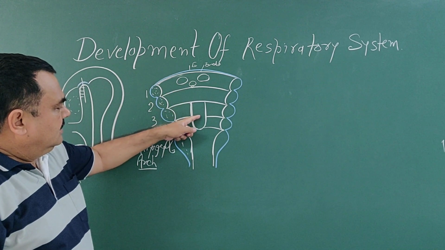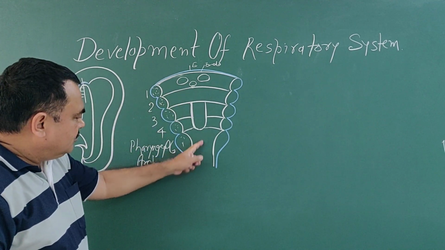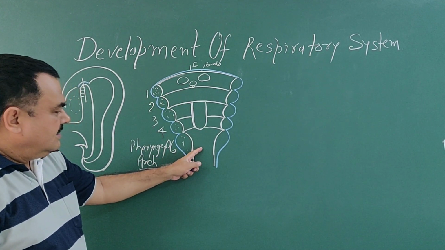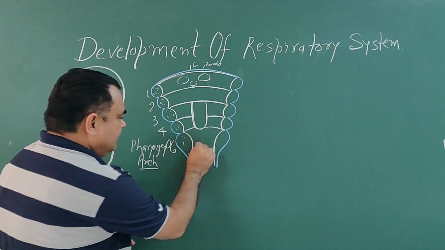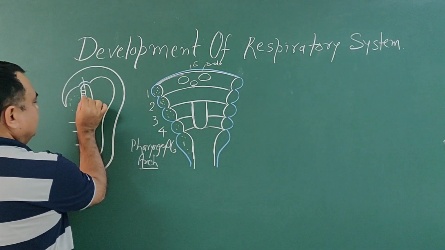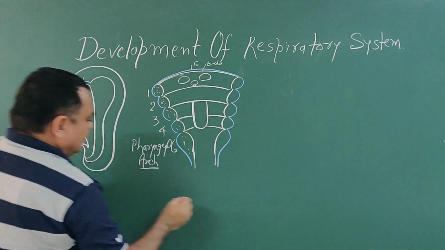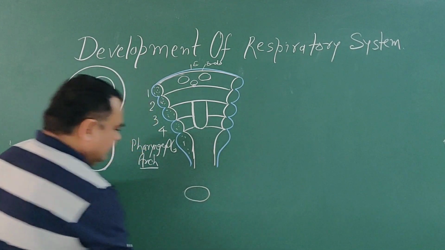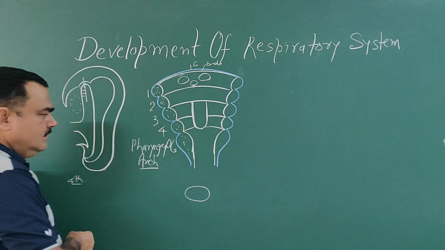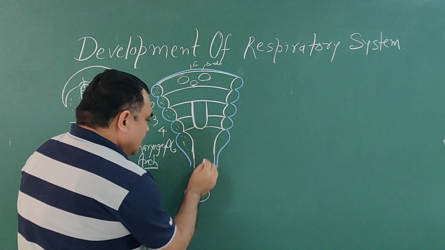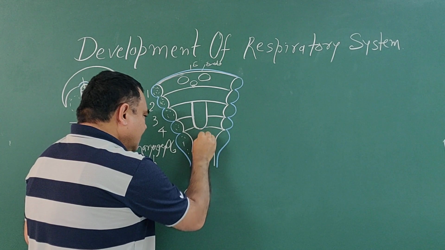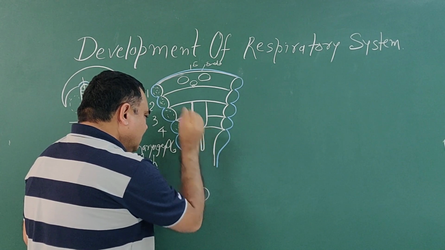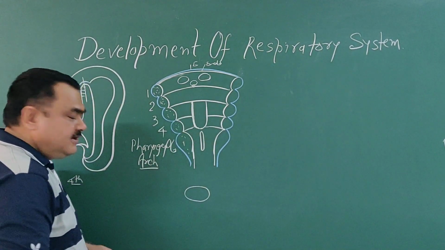If you cut a transverse section of this portion, you will find it like this. Here a groove is formed. This is the tracheobronchial groove.